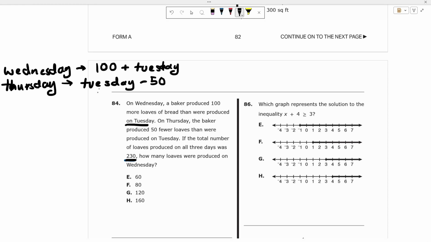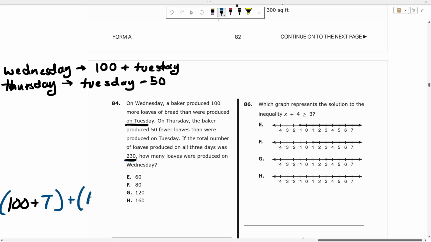If I add up all of these numbers, I'll represent Tuesday as a capital T, because that makes it easier. So 100 plus T, which is Wednesday, plus T minus 50, plus Tuesday itself, T, is equal to 230.